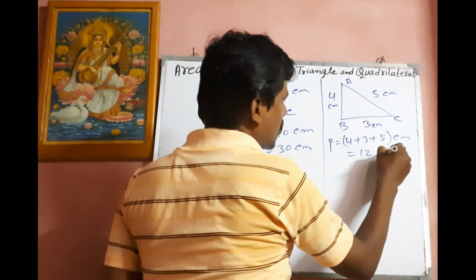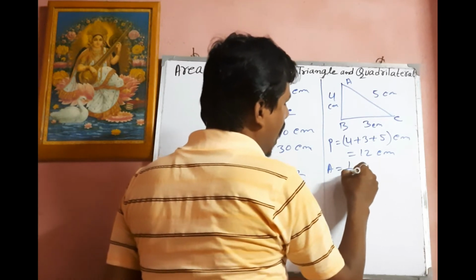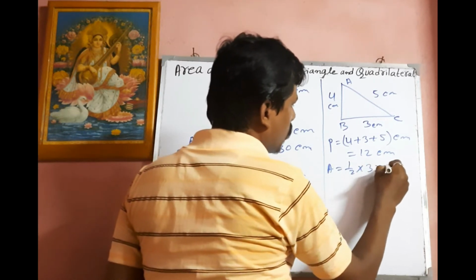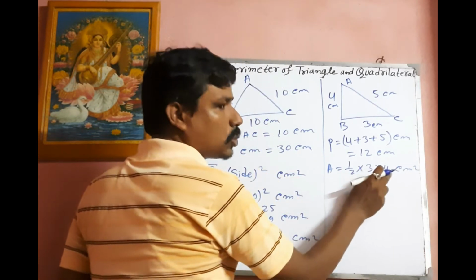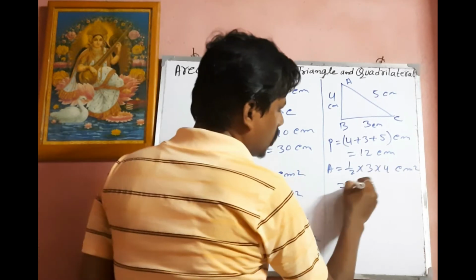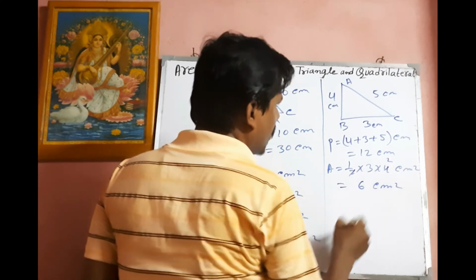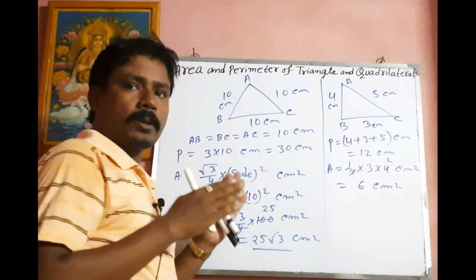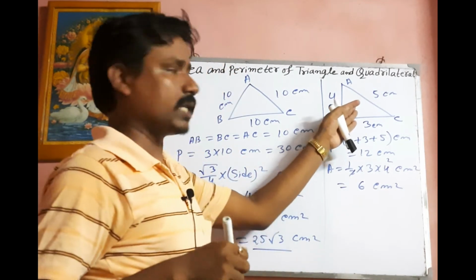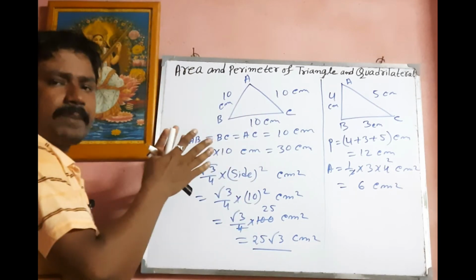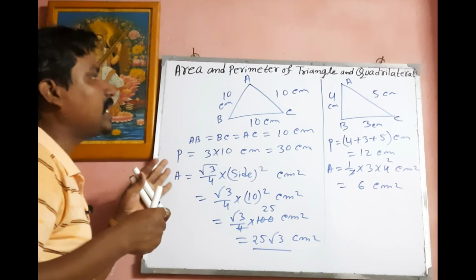This is 12 centimeter, and the area will be half into 3 into 4, in centimeter square. So half into base into perpendicular. So this will be 6 centimeter square. This is the complete perimeter and area of the given triangle. So there are two types of triangles we have discussed, the perimeter and the area.